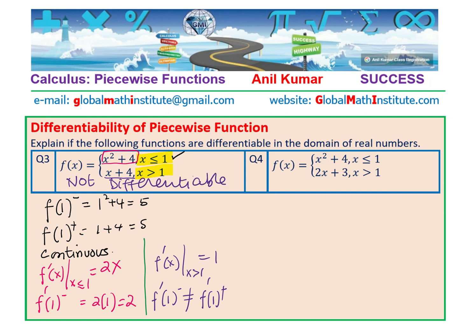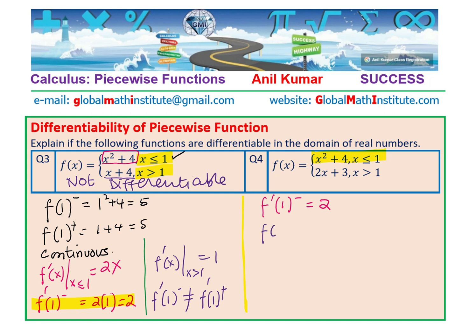Let's look into the second example. Now the first term is exactly the same and therefore we know that the derivative of this function when you are approaching 1 from the left side is 2, right? As we did here. Let's check it from the right hand side.